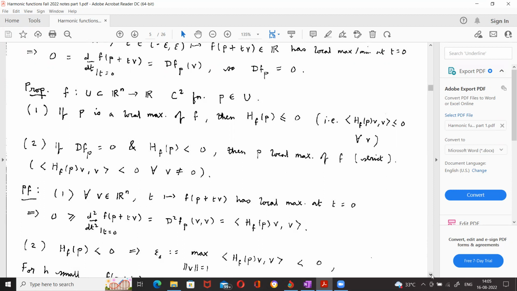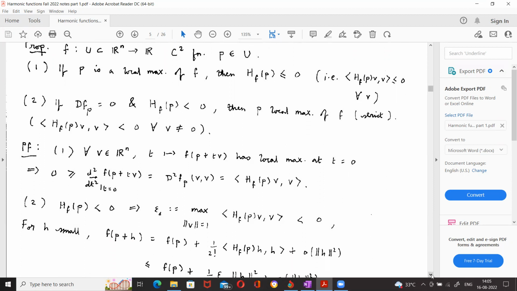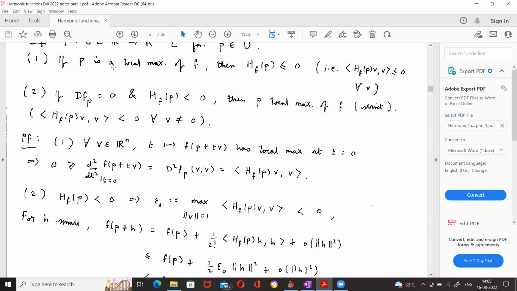So the proofs of these were straightforward. For the first part, if P is a local maximum, then you look at the straight lines P plus tv passing through P. So f restricted to each straight line is just a map from R to R, which has a local maximum at t equal to 0 and is twice differentiable.